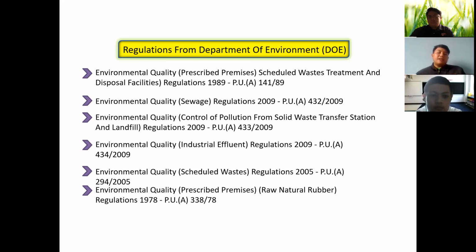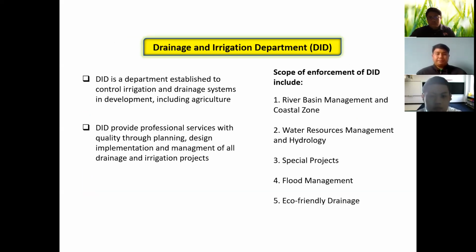The Environmental Quality Industrial Effluent Regulation from 2009, and the Environmental Quality Schedule Waste Regulation from 2005, and lastly the Environmental Quality Prescribed Premises Raw Natural Rubber Regulation from 1978.